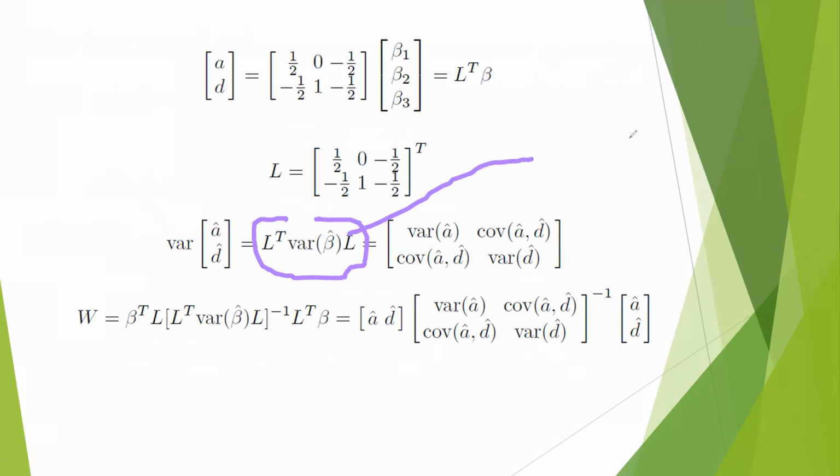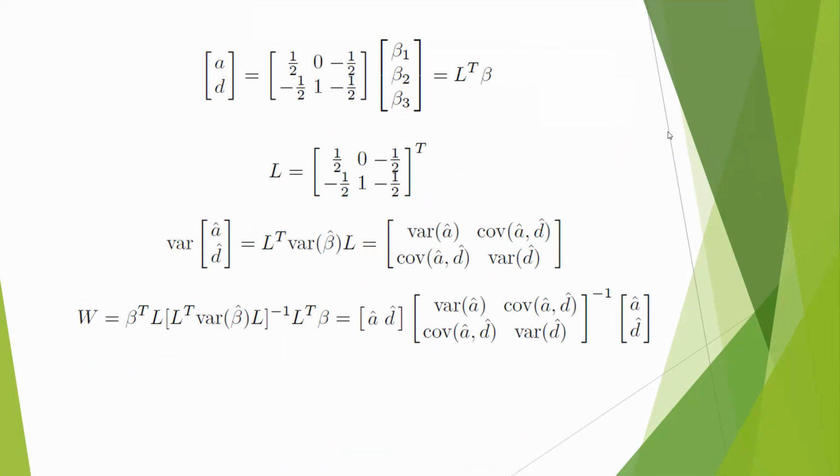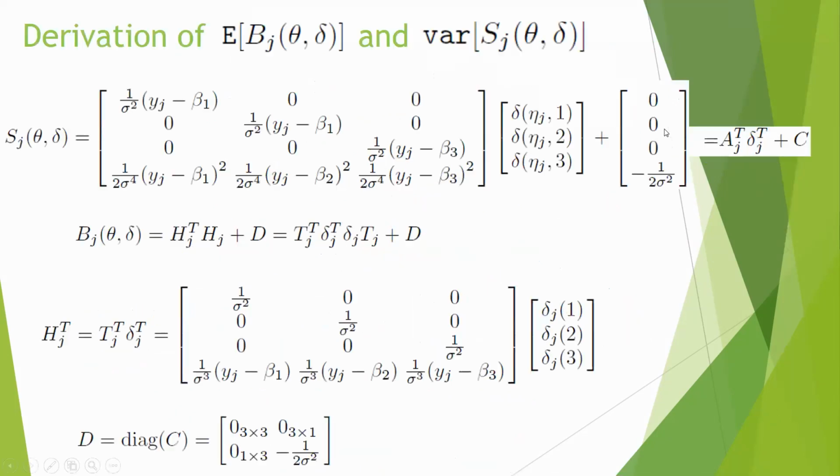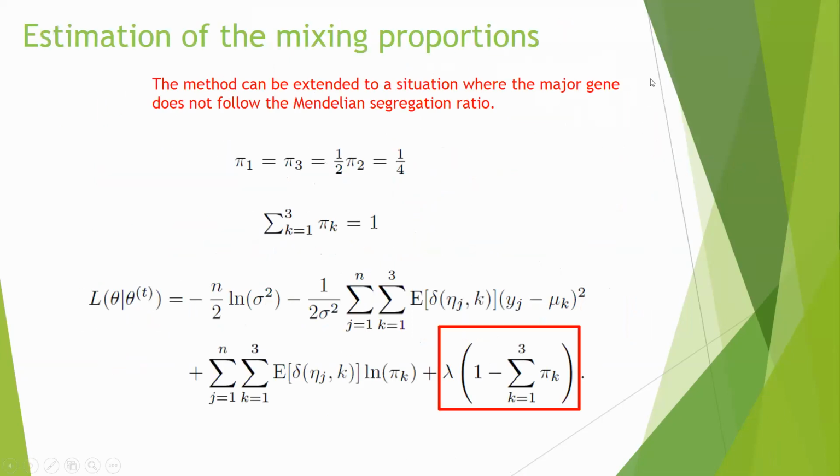This is something like the signal to noise ratio, and it follows a Wald test like this. So this is just for your information. Don't worry about this. It's too advanced here. And then you can do the test.